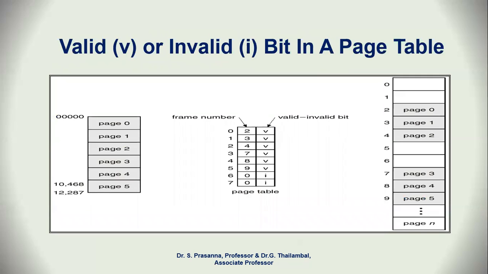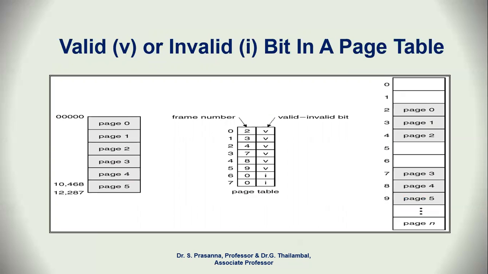That is given as a diagrammatic representation here. You can see pages 0, 1, 2, 3, 4, 5 and the corresponding frame numbers in the page table. Along with the page number and the frame number, you can also see the valid or invalid bit.